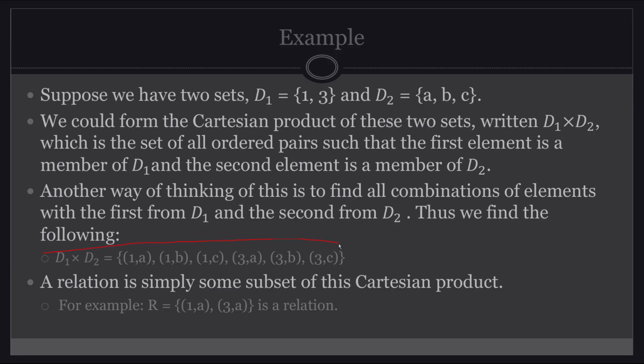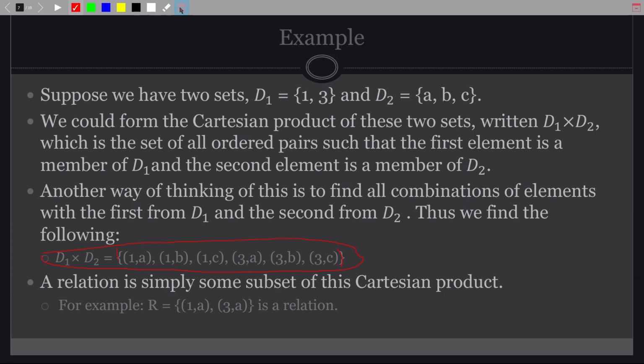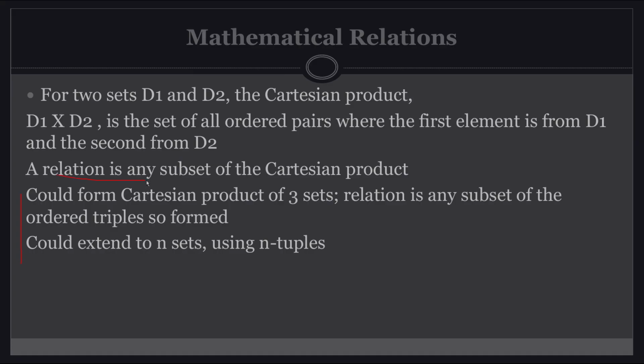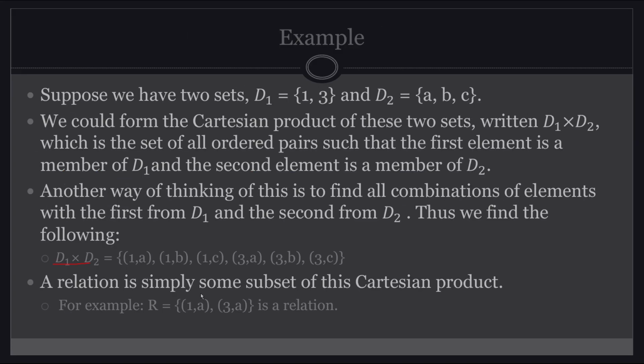And that gives you this set. And this set right here, denoted by the braces, as we mentioned before, is the Cartesian product of these two sets, okay? And then the relation, according to this definition, is any subset of this Cartesian product, okay?